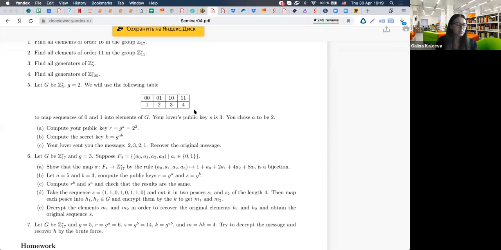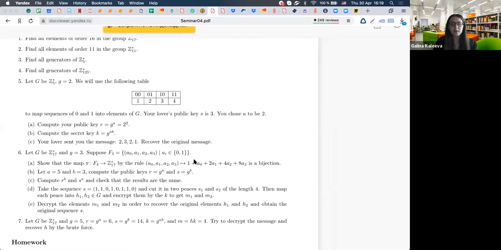We already worked with this group, and here g is chosen as 3, the base of all of our powers. And we have some set F4, which is a set of strings a0, a1, etc., where all the numbers are zeros or ones.